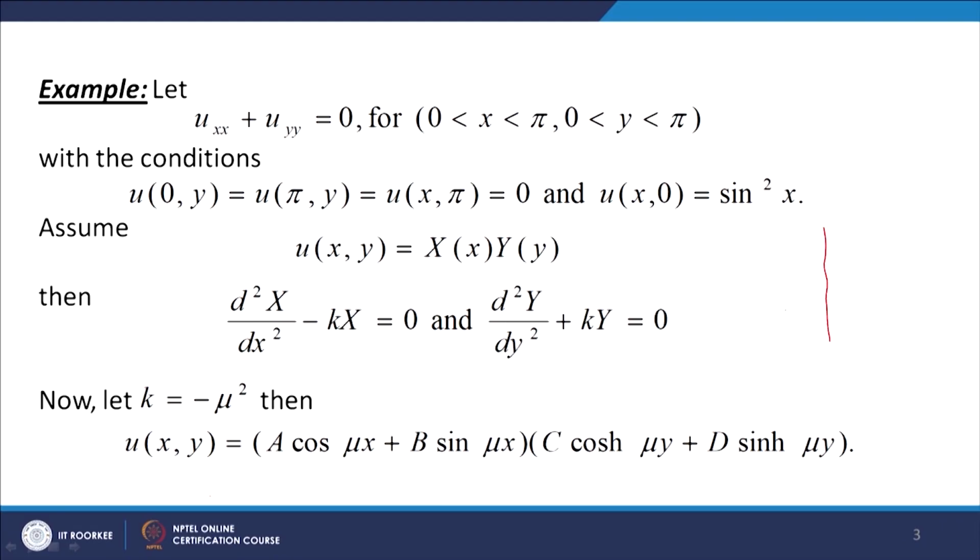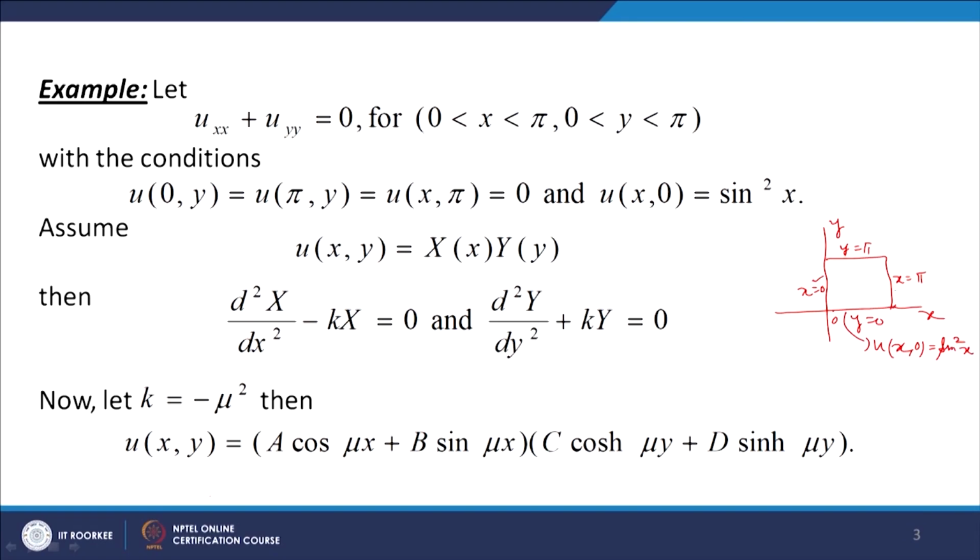So you can consider this rectangular plate, this is your x axis, this is y axis. Here we have y equal to 0, here x equal to 0, here x equal to pi, and we have y equal to pi here. So at this end y equal to 0 we have u(x,0) equal to sin square x.